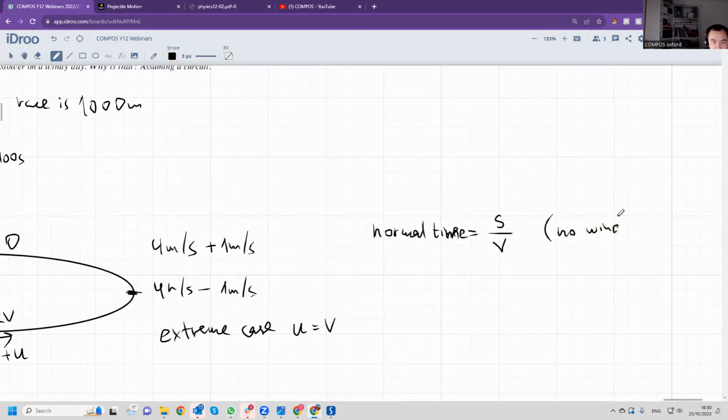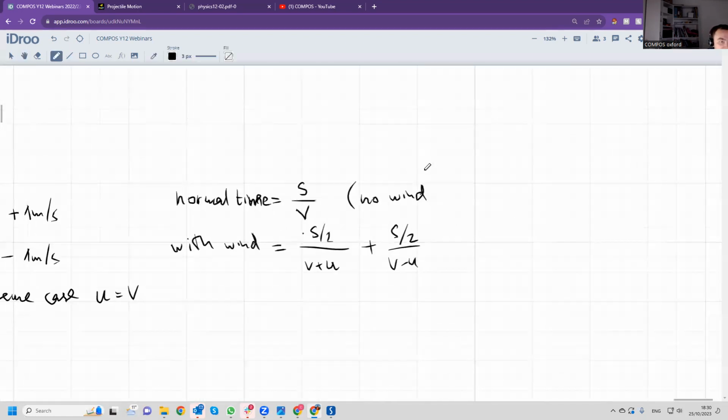With wind, you run half the distance, so S over 2 divided by V plus U, and you run S over 2 divided by V minus U. So this is your time with no wind, and this is your time with wind. So distance divided by time: half the distance divided by the fast speed, and half the distance divided by the slower speed.